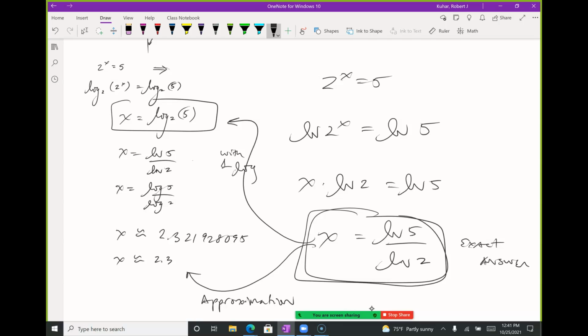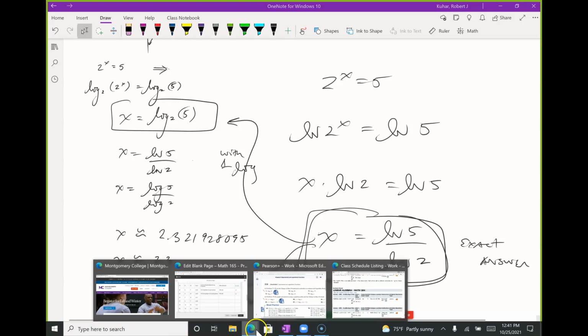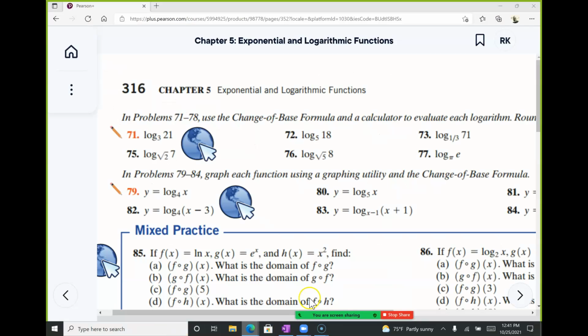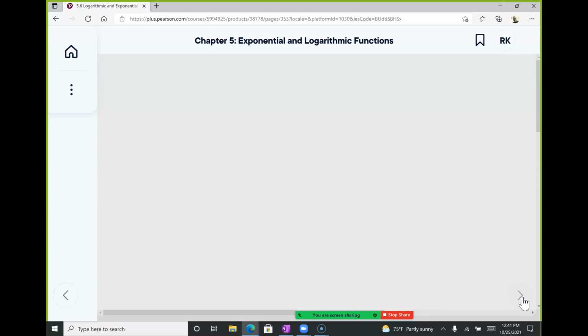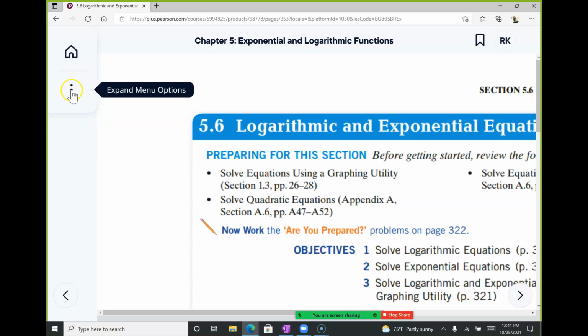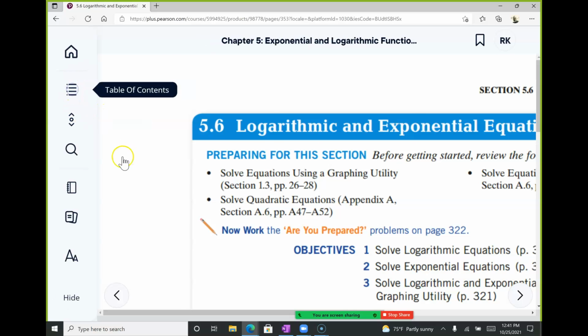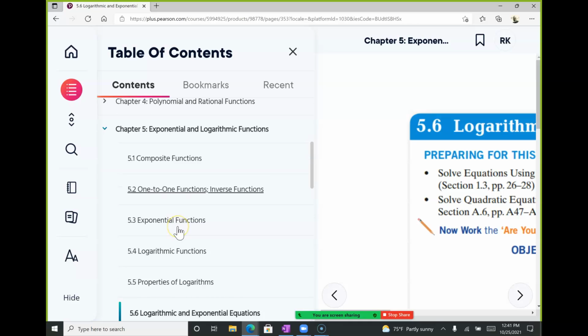So let's do a problem like this at the level I want you to do on the exam. So let me show the book, section 5.6.